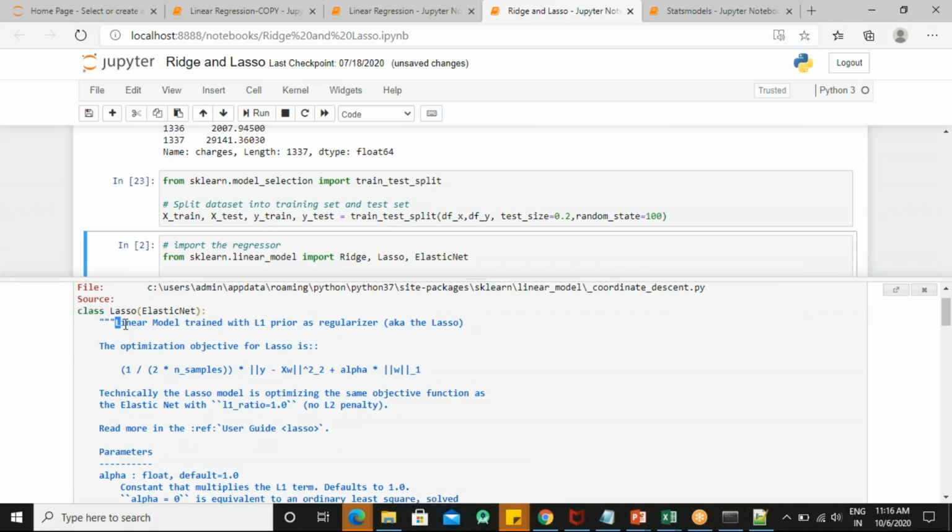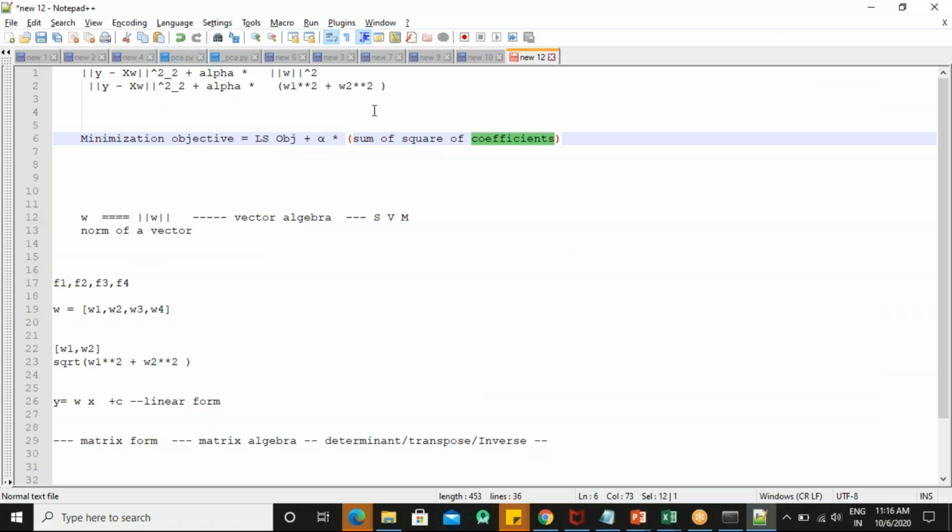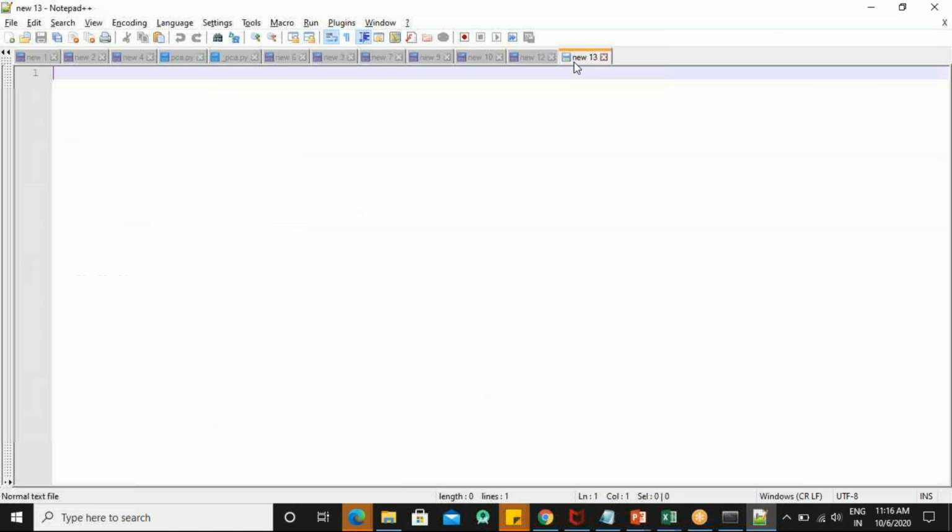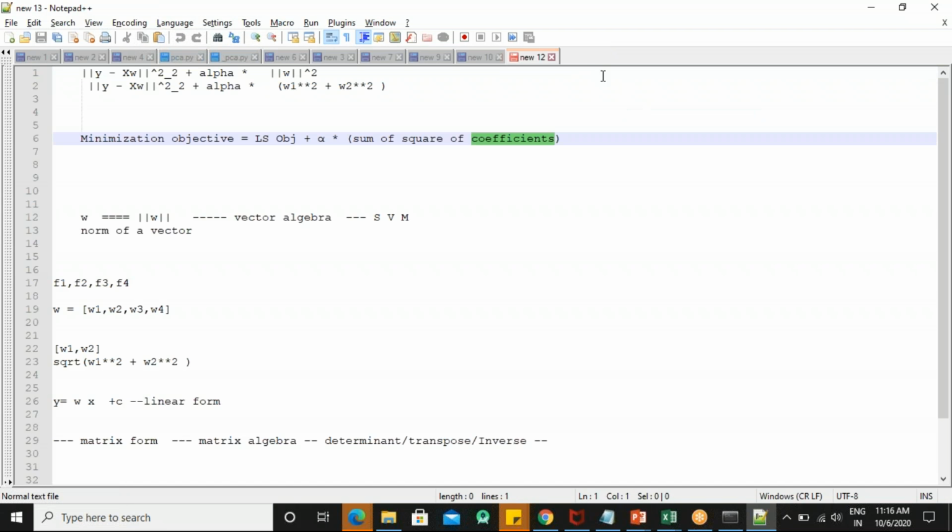If you look at this, the linear model which is trained with L1 prior as regularization, that's the lasso. The optimization function or the objective function here is this. So let me put it parallel to this.